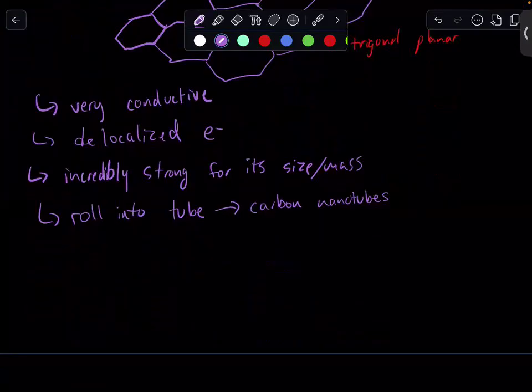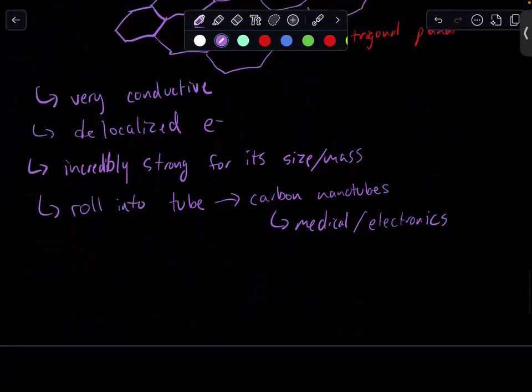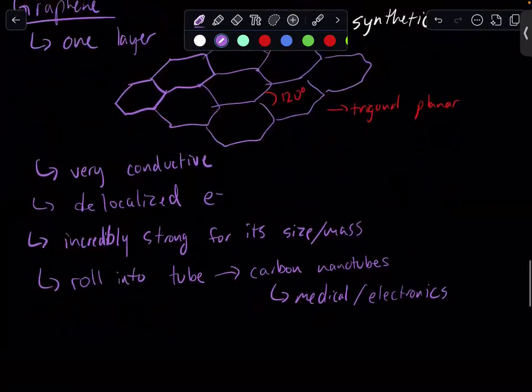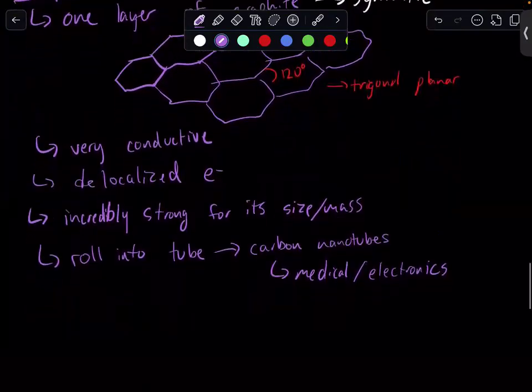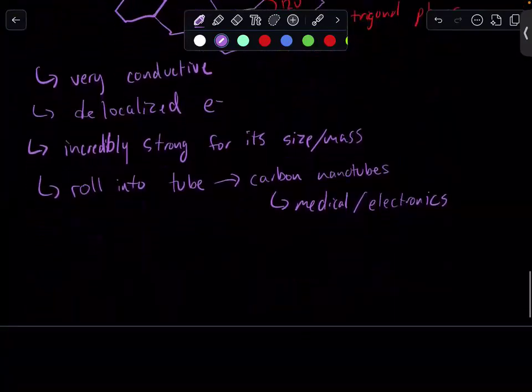So we often use carbon nanotubes in medical equipment or also electronics as they're very conductive. So graphene is just an incredibly useful tool for us to have, and we can just make it, honestly, a lot more simply than people realize.